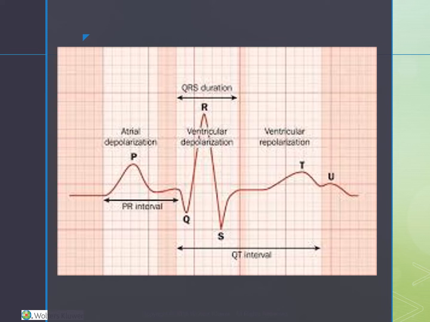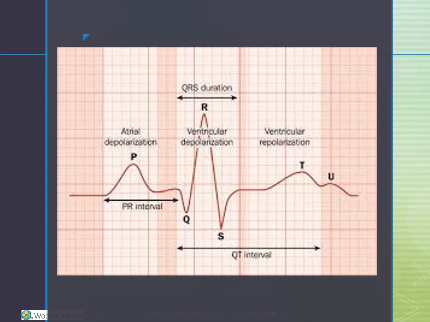A normal QRS will be 0.06 to 0.1. A normal QT measures 0.36 to 0.44. It could be abnormal because of a family issue, hypercalcemia, or cardiac glycoside toxicity.